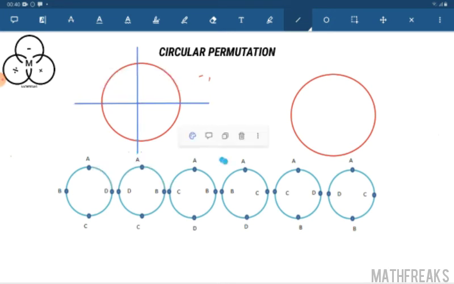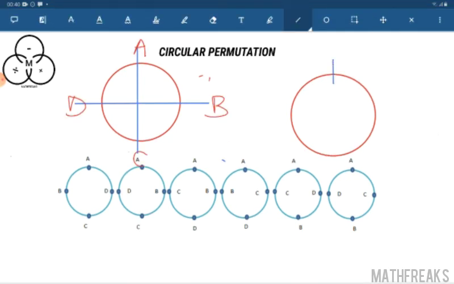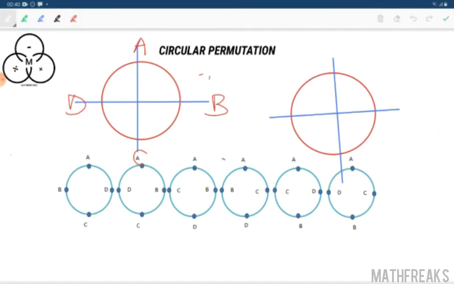Now this will be beautiful. A, B, C, D. Here again 4 seats. Now A is here, B is here, C is here, D is here. In case of a straight line, if we just consider this position as 1, this is 2, this is 3, this is position 4.